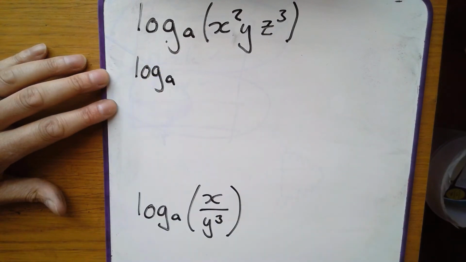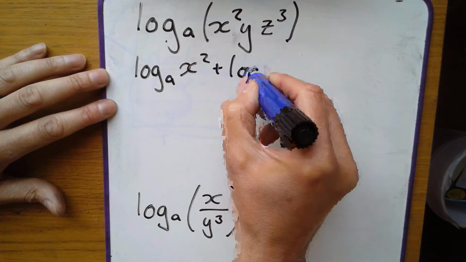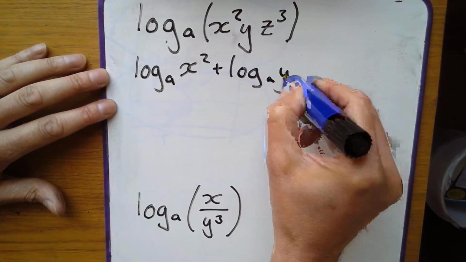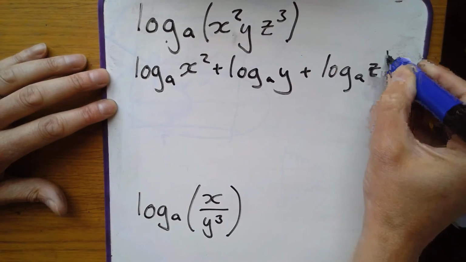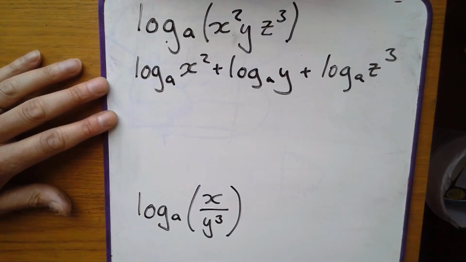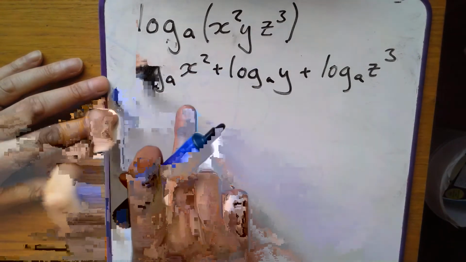So I've got log base a of x squared plus log base a of y plus log base a of z cubed. Okay, and now I can apply my third rule to bring my indexes down.